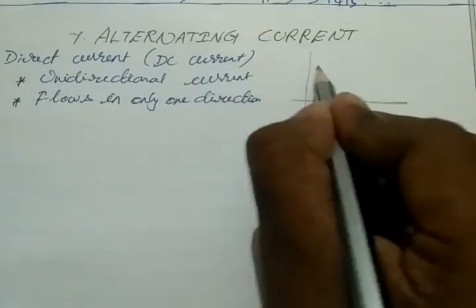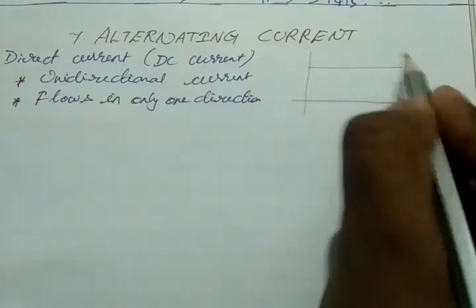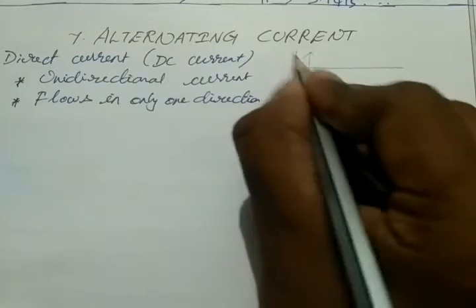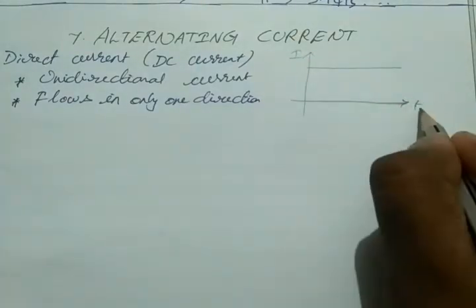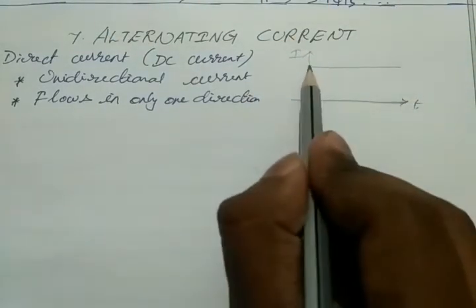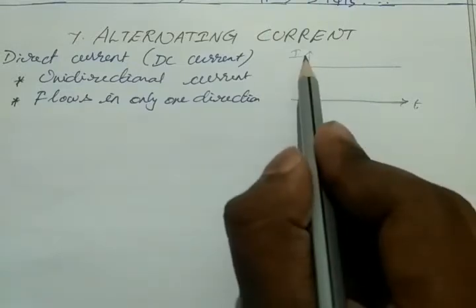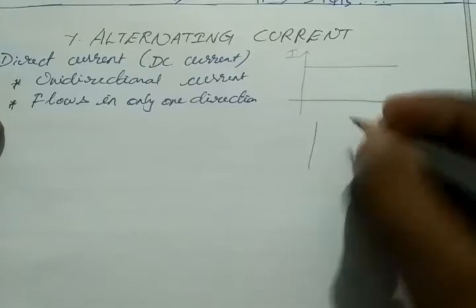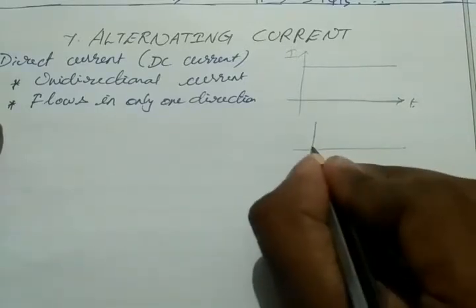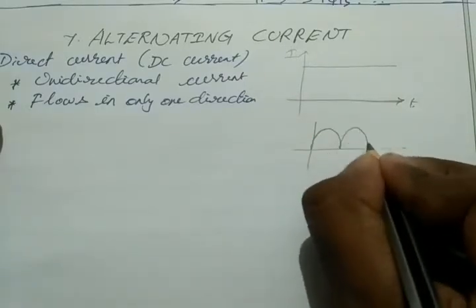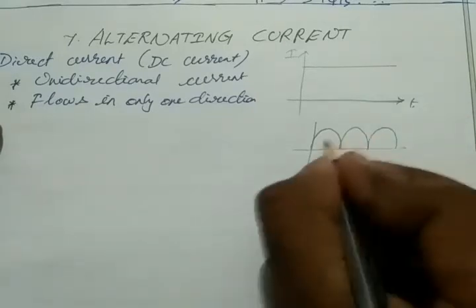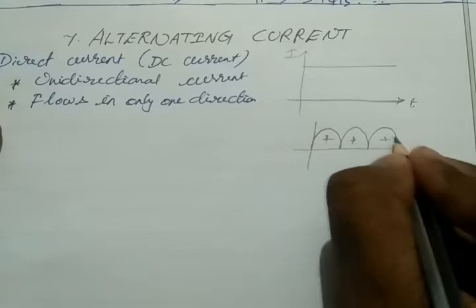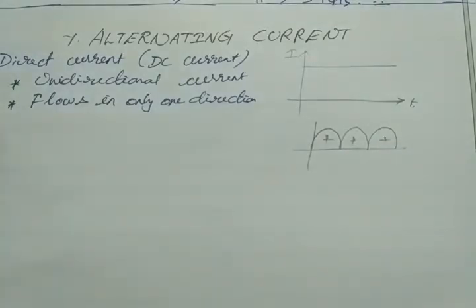The current will flow in only one direction, in the upper half cycle. This is current and this is time. With respect to time, the charge flows in one single direction, hence we get current, only in the positive half cycle. For every positive half cycle, current flows only in the positive direction.